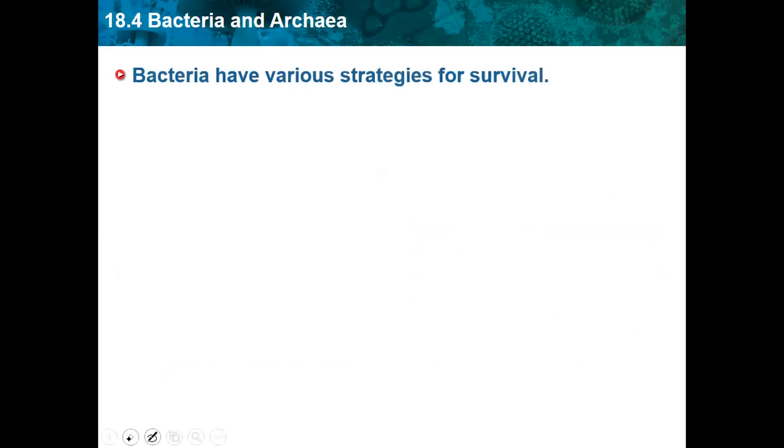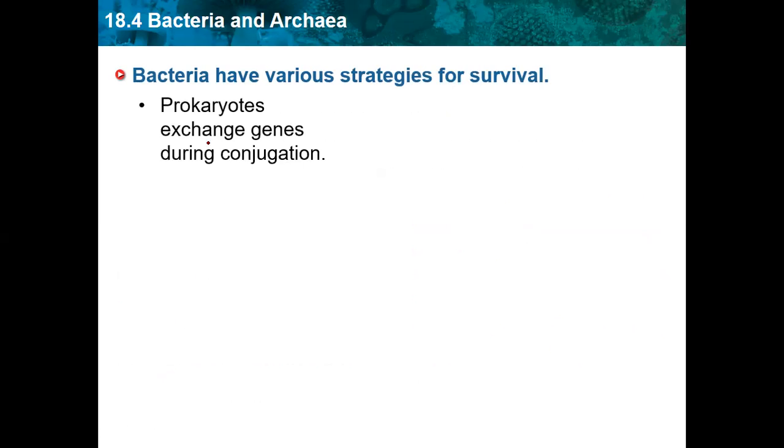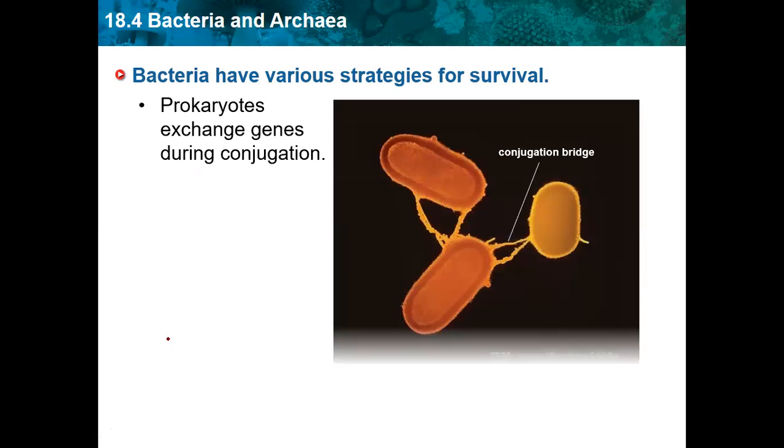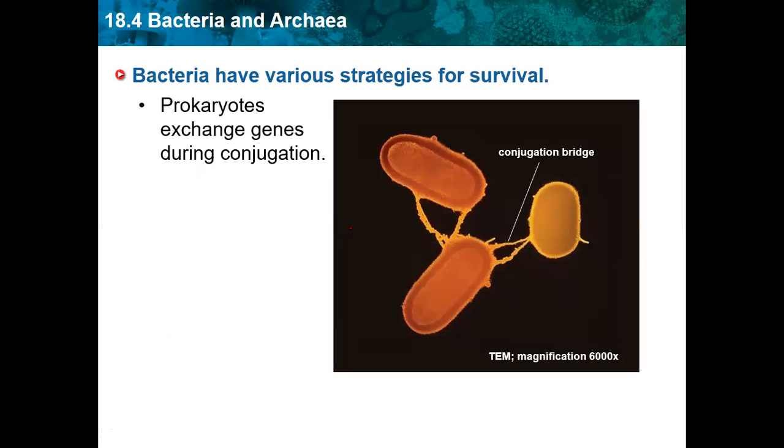So now bacteria have various strategies for survival. The prokaryotes exchange genes during conjugation. What do they mean? The bacteria can exchange genes with the archaea when they conjugate. Conjugation is a method of reproduction, an asexual reproduction method, which is used by the bacteria and archaea to reproduce. They're going to have something to connect together, and they will transfer genetic material.